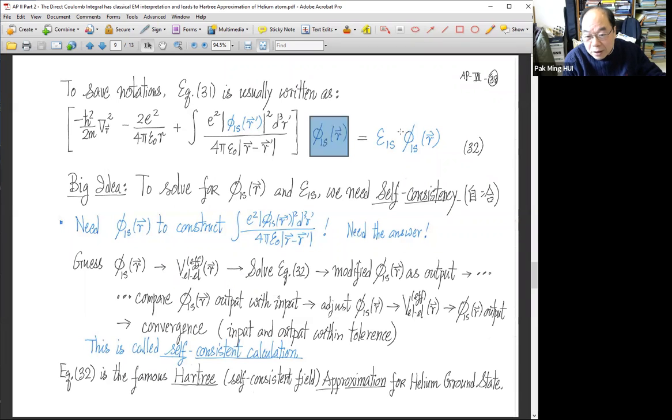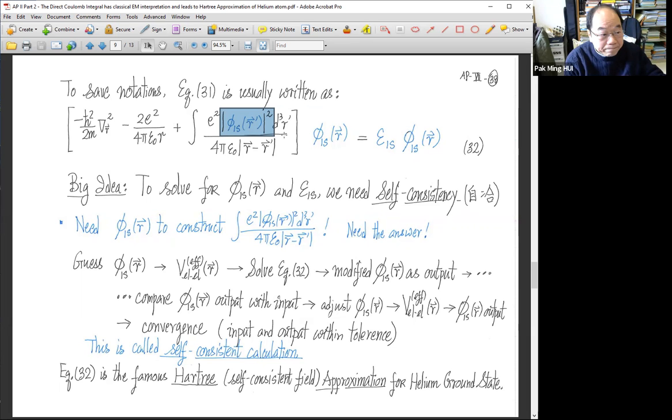We want to solve this, but in order to solve it, the unknown is needed to create the effective potential. This is a point that you should realize. Do you understand that? There's something we want to solve, but in order to solve this equation, we need to know that something. Follow?